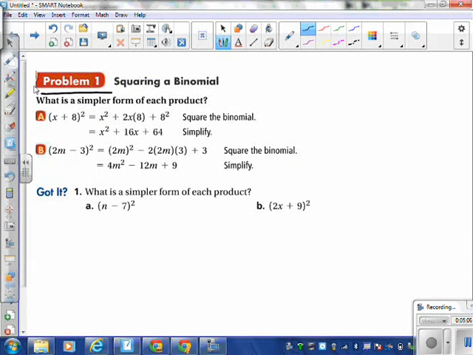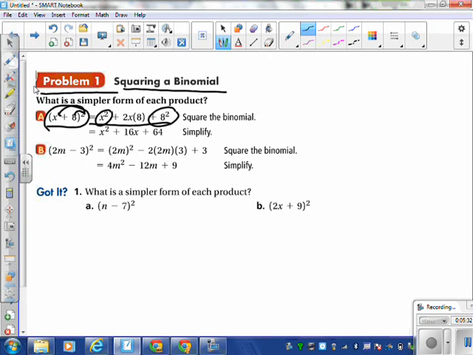Look at problem number 1. Squaring binomial. So I'm given x plus 8, that quantity squared. What did I do to get that answer? Square on the outside, and put the x. I took the 2 on the outside, squared it with the 8.